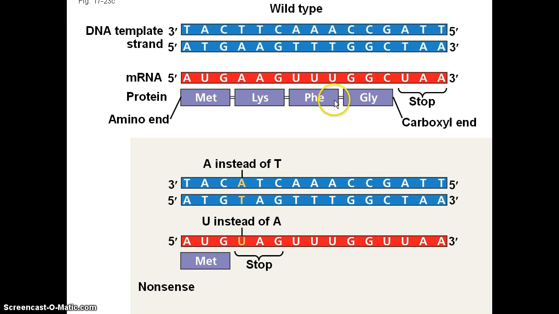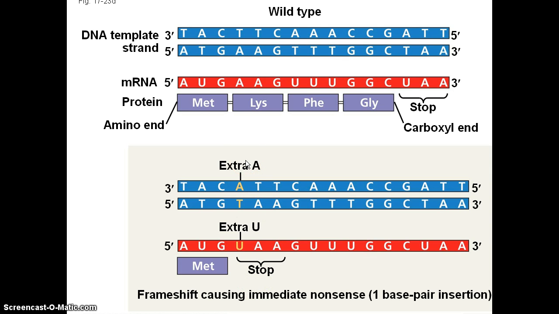Here we have a polypeptide that is 4 amino acids long, but because this particular mutation causes a stop codon to occur earlier, you have a truncated or shortened polypeptide, and that is almost always detrimental, always leads to non-functioning proteins, and is definitely bad news. So nonsense mutations lead to shortened proteins because you get an early stop codon.